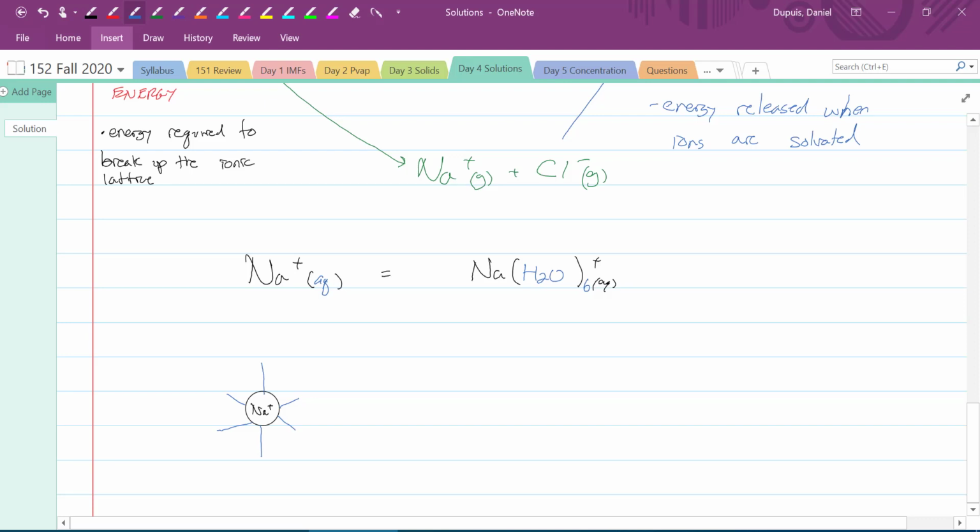And we know the oxygen part of the water, with its lone pairs, will be around the sodium. So H2O, a lot of times we'll write it OH2 like that. The lone pairs are implied. I didn't draw them all, but they're all there, with electron density going to the sodium.